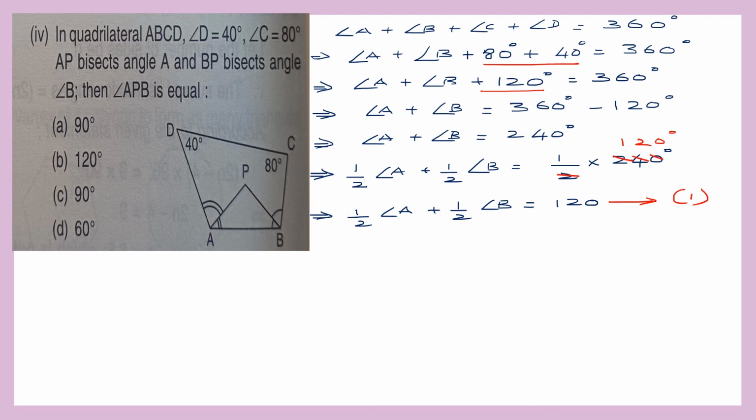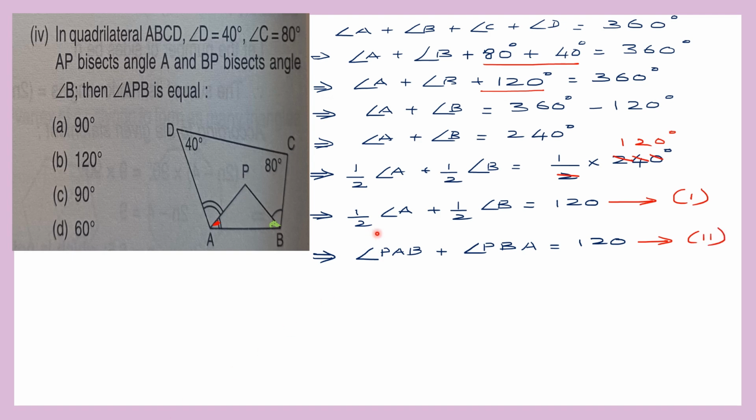So I can write this first equation as angle PAB plus, I can write half angle B as angle PBA. So both these will be equal to 120 degrees. This is my second equation. Now, did you understand how I got this, children?